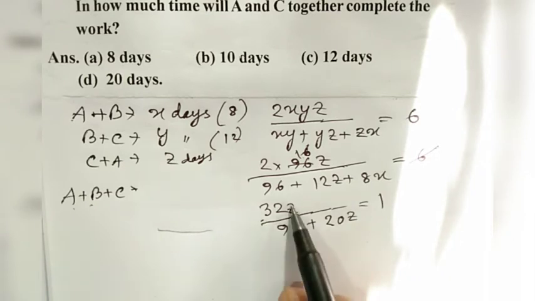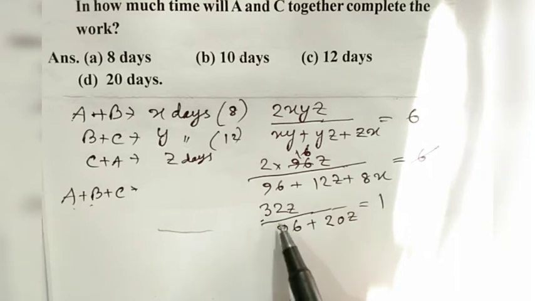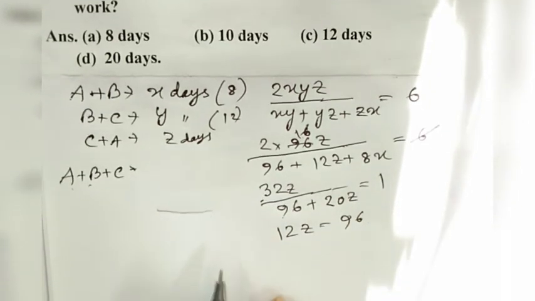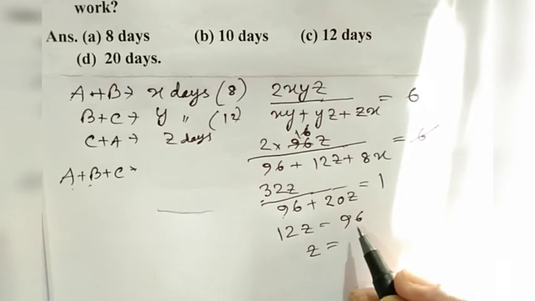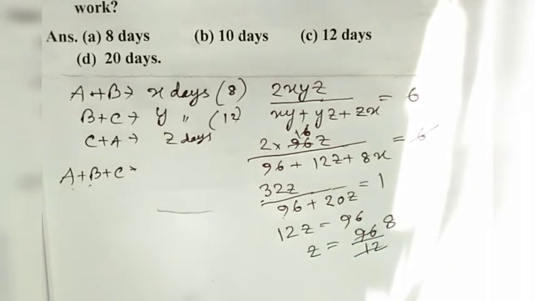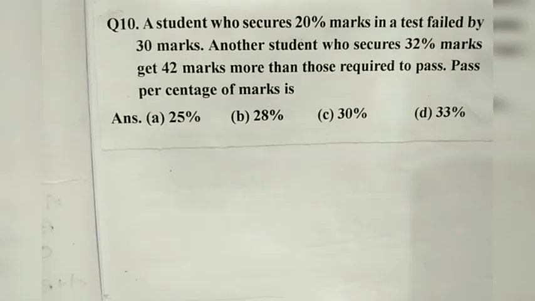Then 32z equals 96 plus 20z. 32z minus 20z, 12z, equals 96. Then z equals 96 by 12, equal to 8. Answer is A. Okay. Let's see the next question.